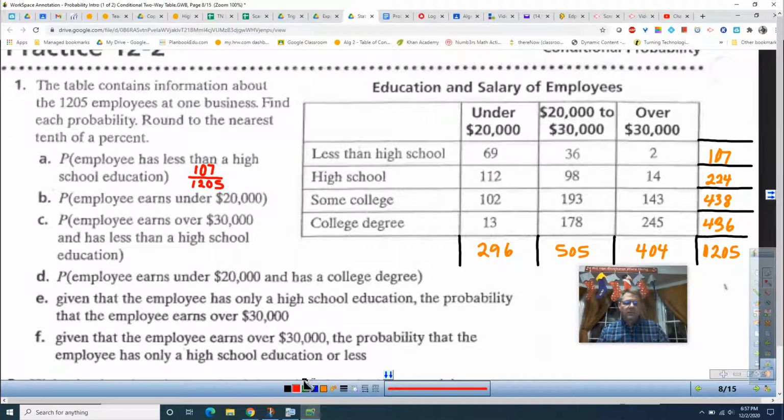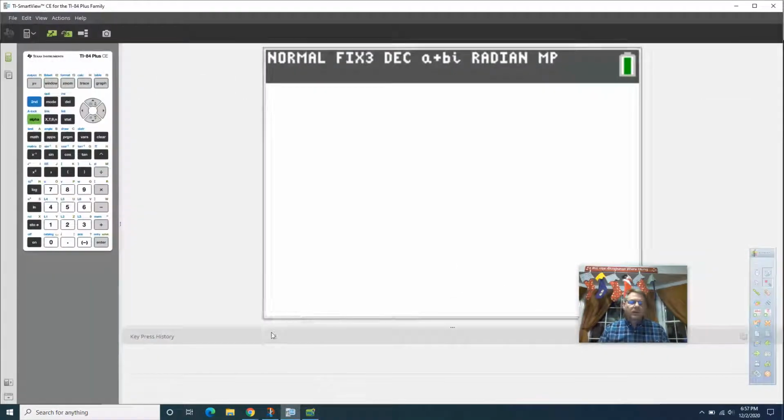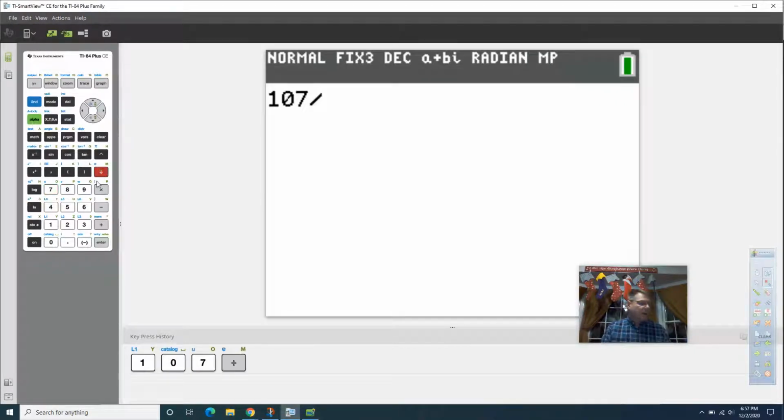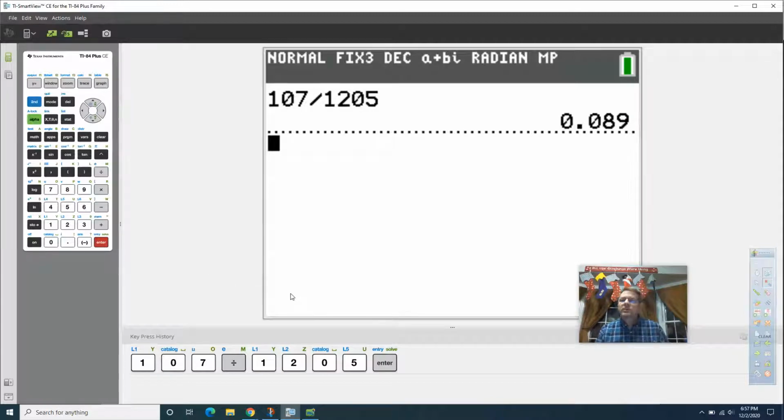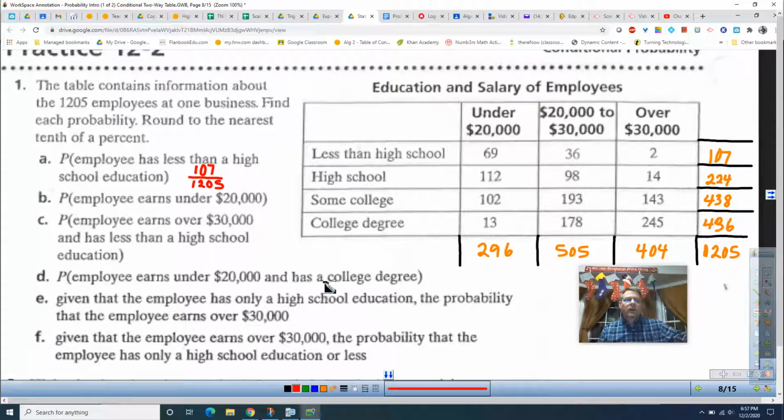Okay, well, that's good. So let's jump over to our calculator now. 107 divided by 1205. Okay, so it's 0.089.